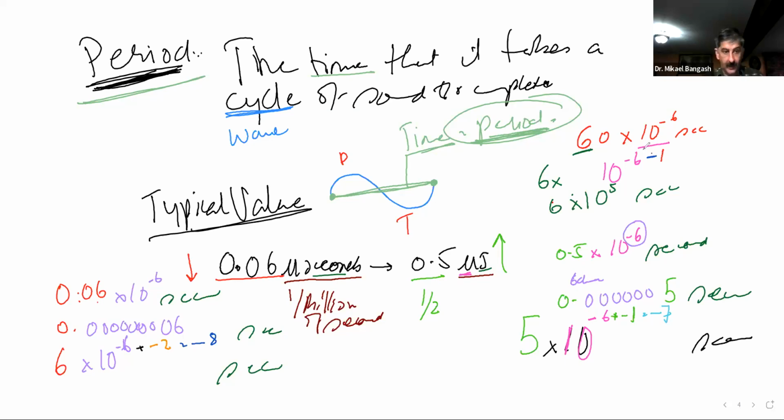We add here, so -6 plus 1 is going to be minus 5.